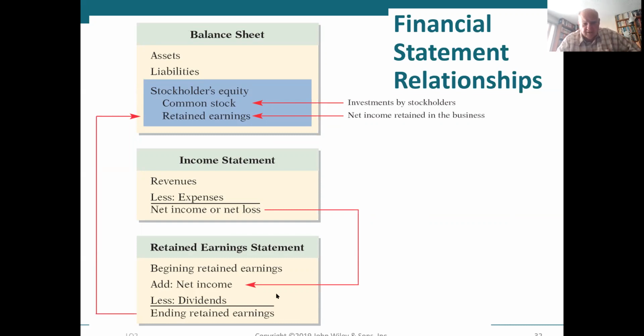The retained earnings statement is simply beginning retained earnings plus net income minus dividends, gives ending retained earnings. And then when we have that, we can do the balance sheet. So understand that the financial statements must be done in a specific order. Income statement, equity statement or retained earnings statement, and balance sheet.